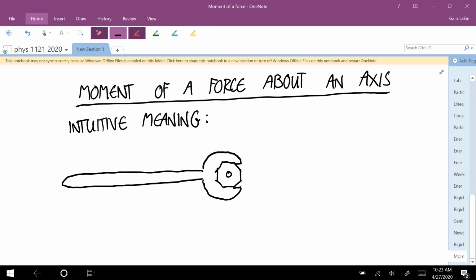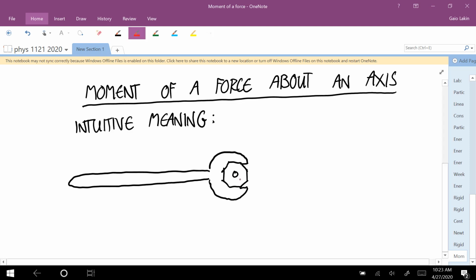Where would you be most likely to get this bolt to turn, or where could you get this bolt to turn the fastest, to change its angular velocity from 0 to something the fastest? So think about the center of this bolt as being the axis that we're trying to rotate it about. That axis goes into and out of the page.